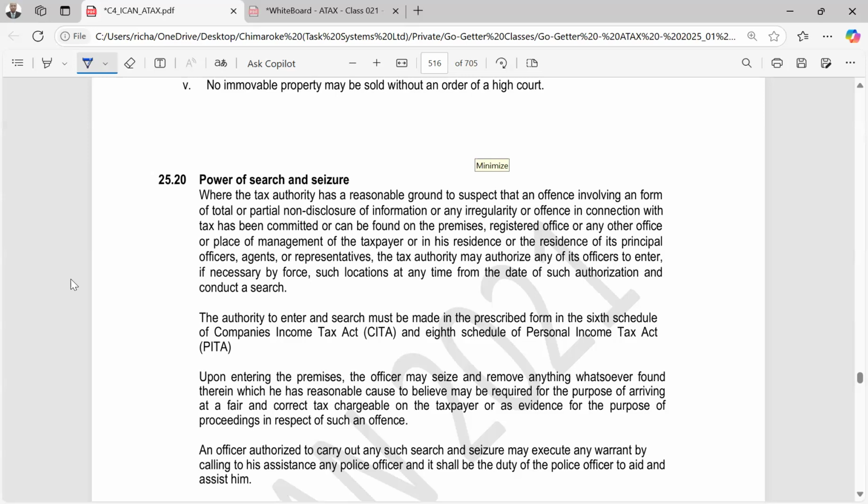The tax authority may authorize its officers to enter that premises by force, if possible, and conduct a search.